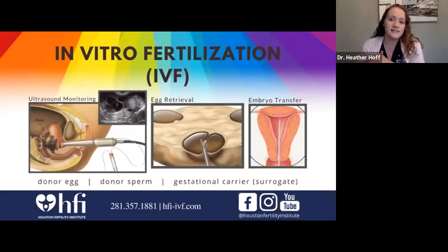It's done under anesthesia, and it's done with a transvaginal ultrasound, just like the same ultrasound that's used for monitoring, except this one has a very, very fine needle, and it will collect the egg and the fluid. At that time, the eggs will be taken to the embryology lab, where they will be cleaned off, fertilized, and grown out for the 5 days. And I think we have that coming up.